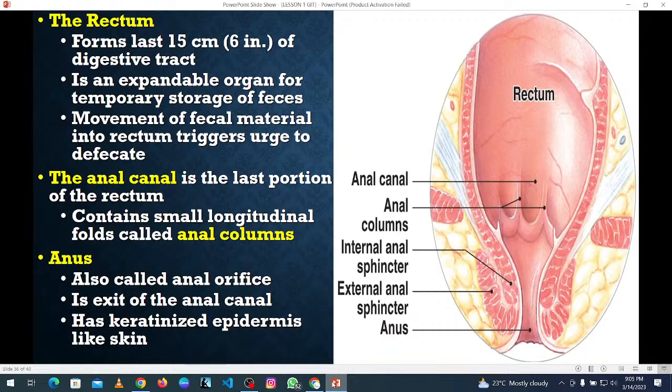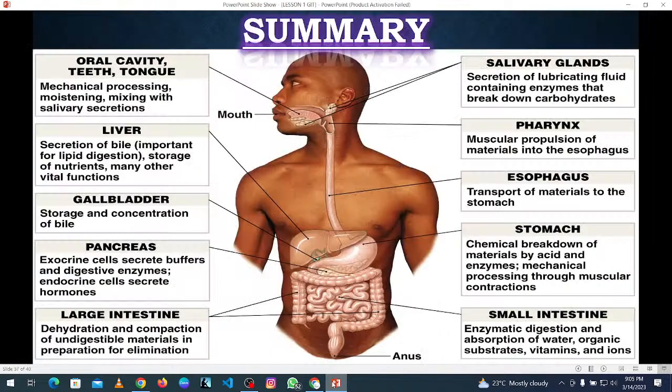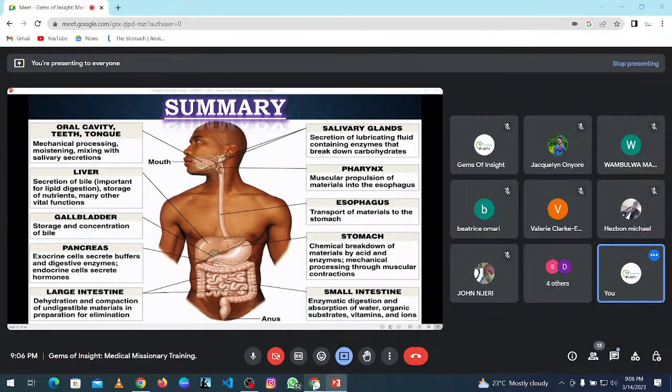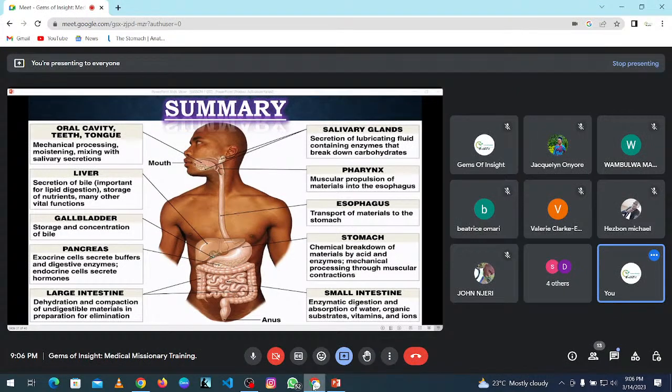So I think that's all for today's study. We have 10 more minutes to go to the application. It's now 9. So we can read this summary. I'll give us 2 minutes to go through the summary.